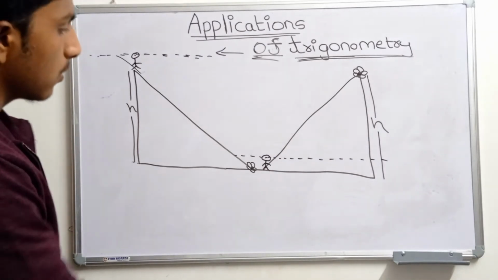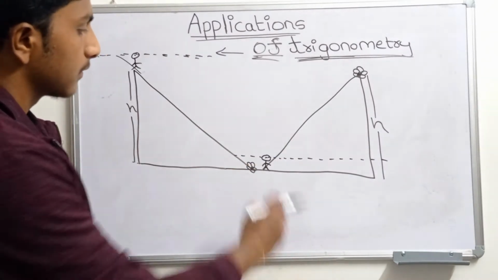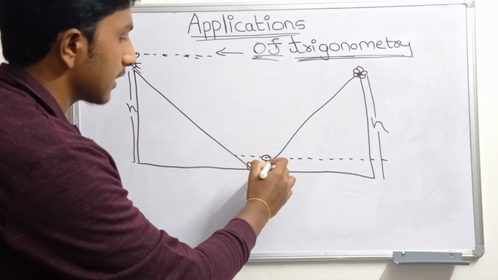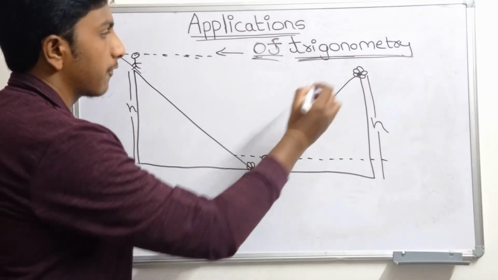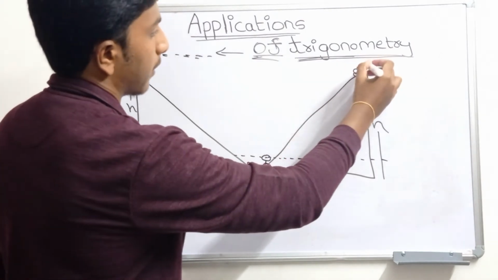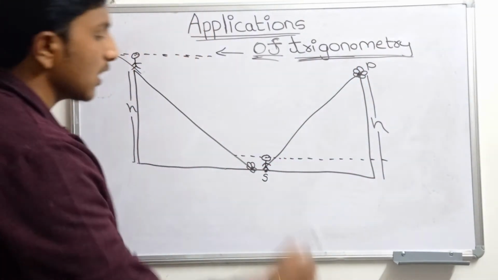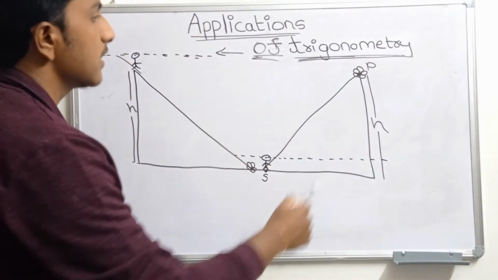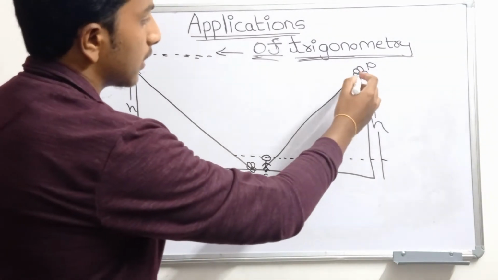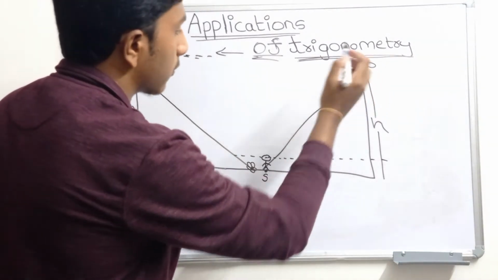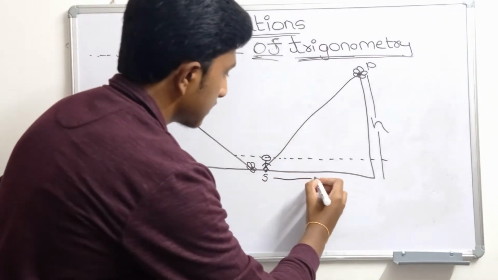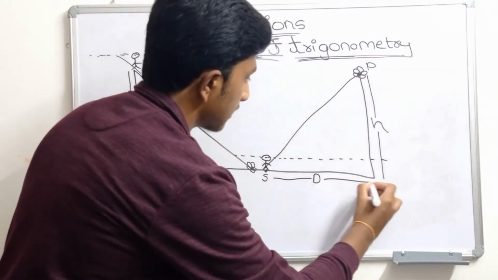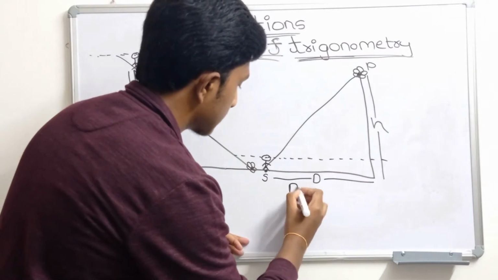Okay guys, now a person is standing on the point S and looking at a flower which is on the pillar at point P. Consider this as D, that means distance.